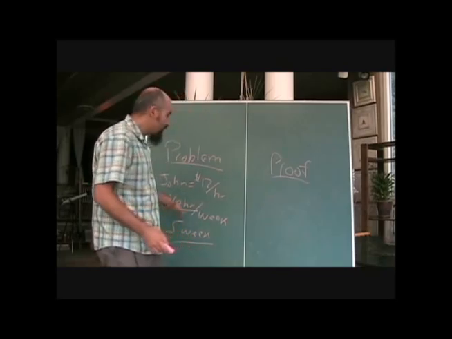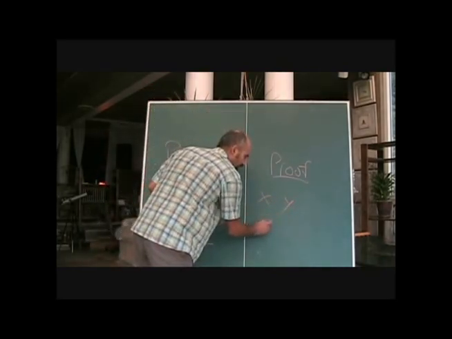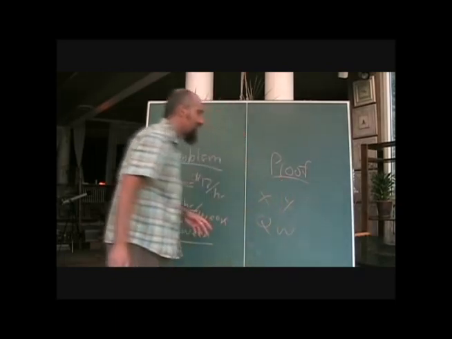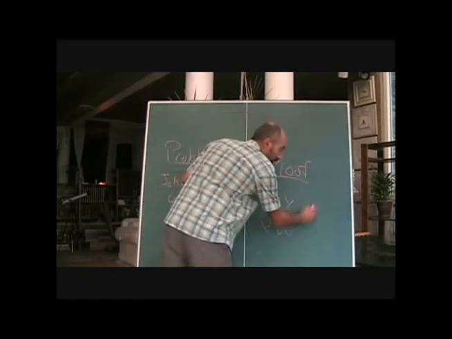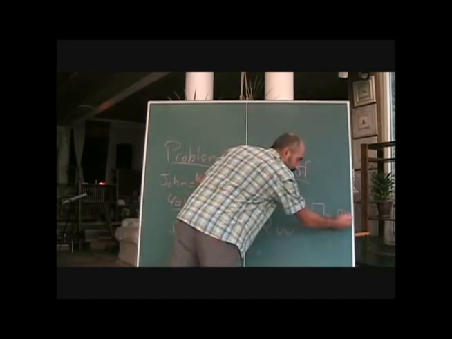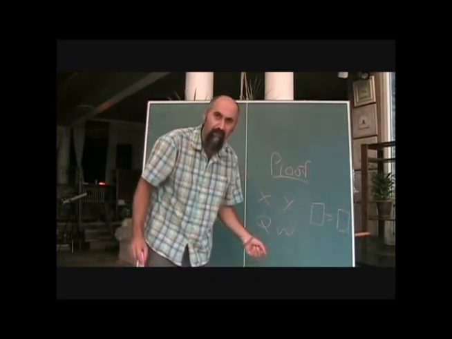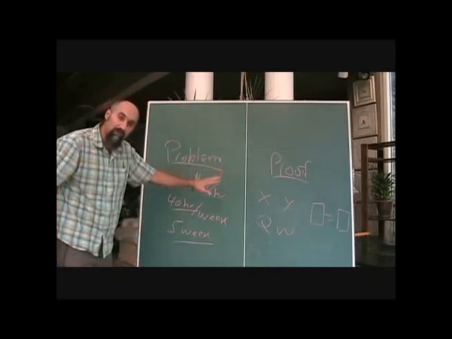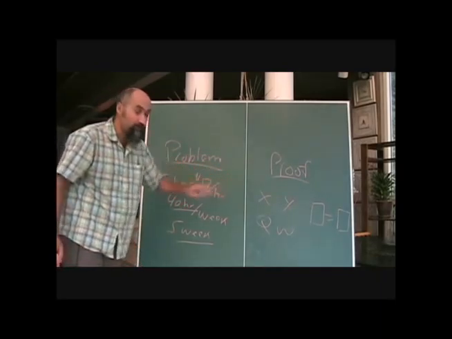There is no numbers really involved. It's going to be all variables like x and y, and q and w. Another form is going to be when they ask you to prove if this side of the equation equals this side of the equation, and there are going to be different variables on each side. Okay, so keep this in mind when we're dealing with problems, with questions involving problems, and when we're dealing with proofs.